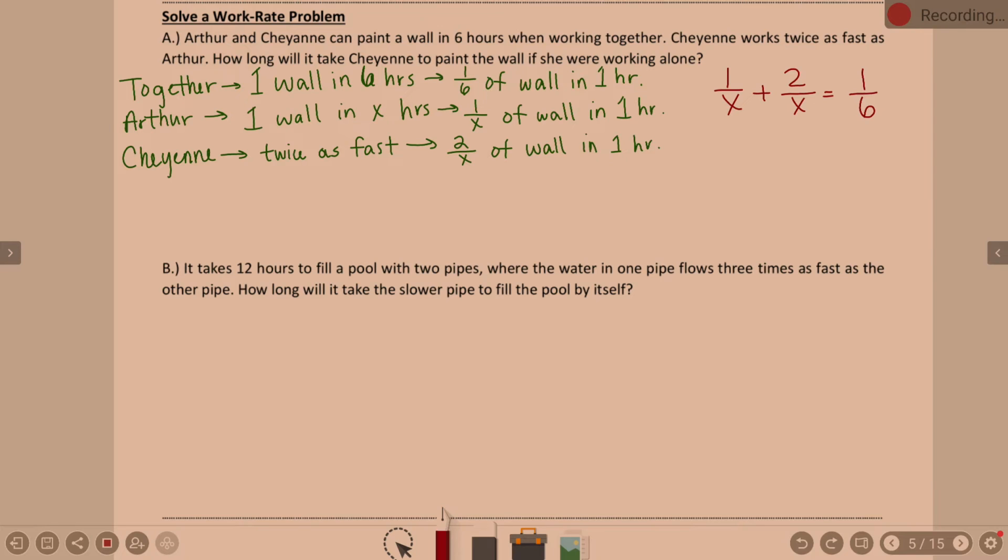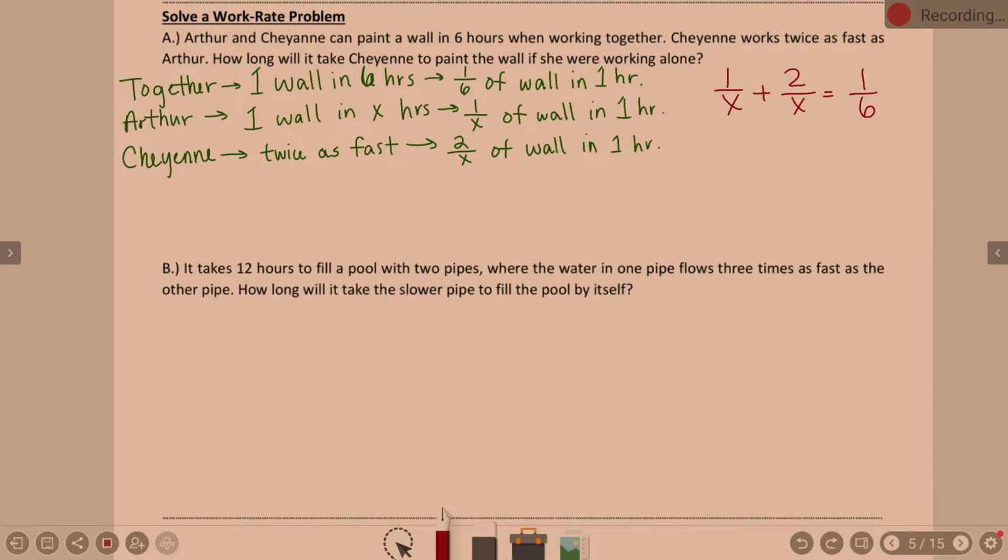Next time you are welcome to skip writing all these details out, but I thought it would be helpful to have in your notes. This time I have 3 fractions, but they're easy fractions. I still want to get rid of my denominators. What do I have in the way of a common denominator?